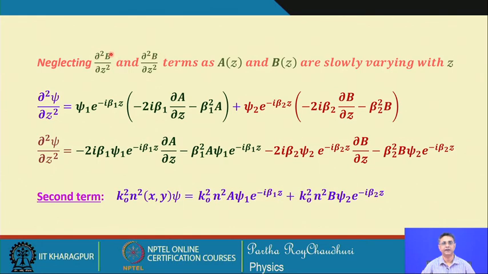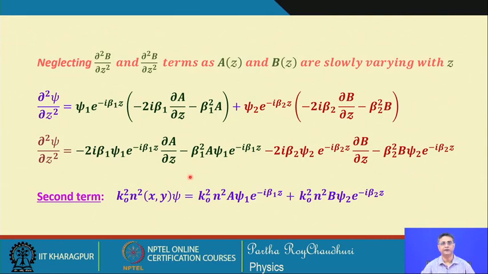So, del square a del z square and del square b del z square, these terms, the second order derivative, will be very small, and therefore, we can neglect this because the waveguides are weakly interacting. So, in that case del square psi del z square will be equal to this. We have neglected this term, and del square psi del z square can be written in the reduced form, that is equal to this quantity.